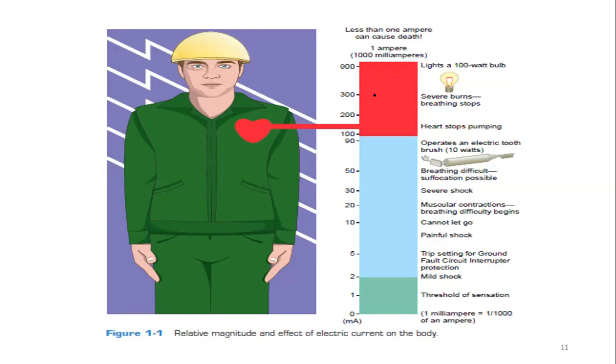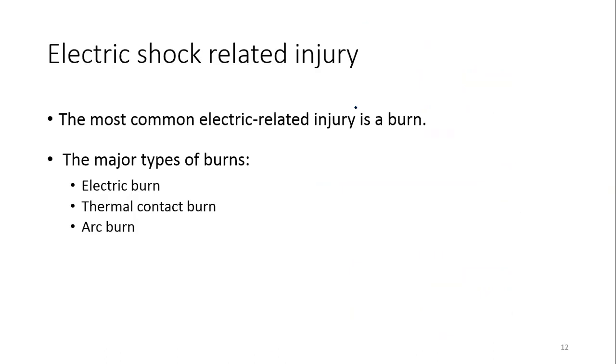The red area is very dangerous. Any current above 95 milliampere will be considered a dangerous current. The most common electric shock related injuries are electric burns, thermal contact burns, and arc burns.